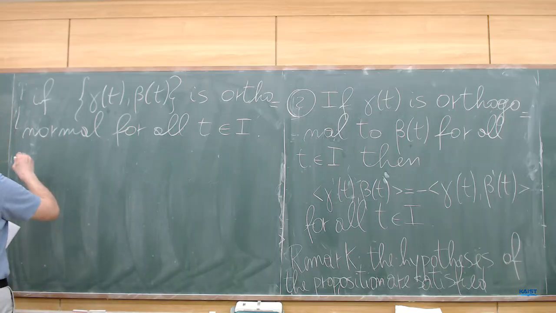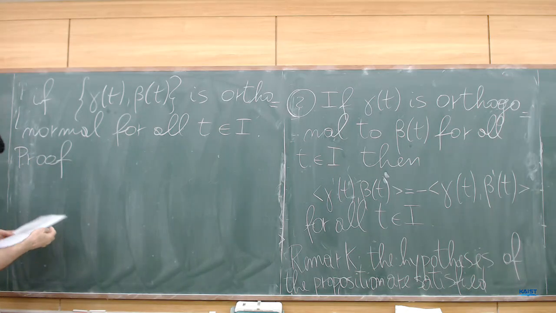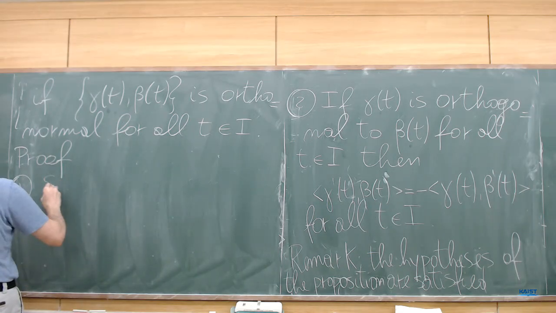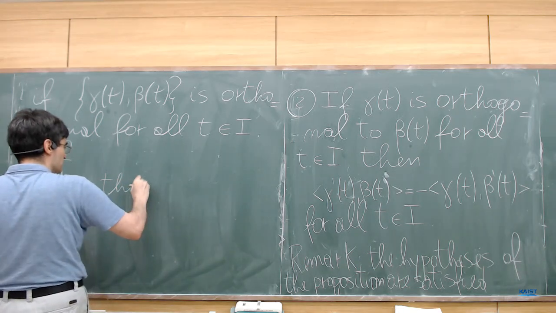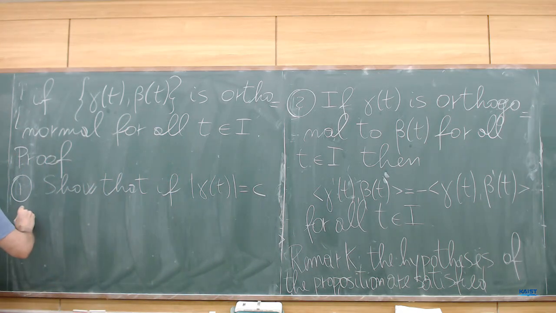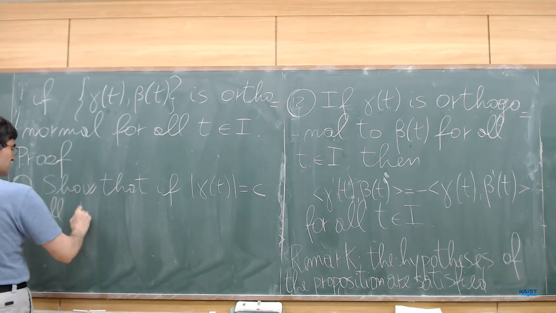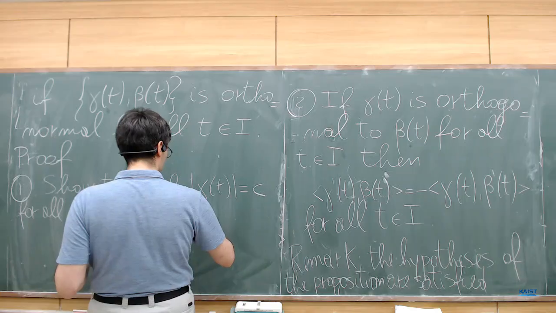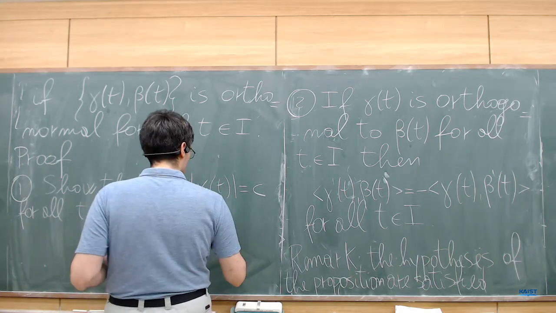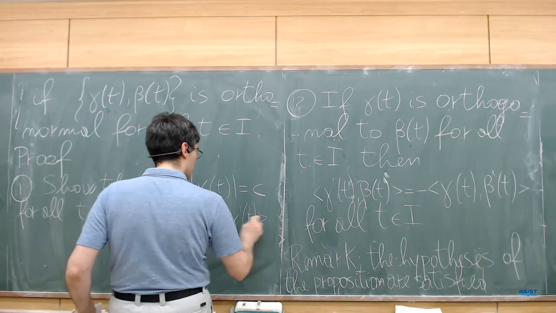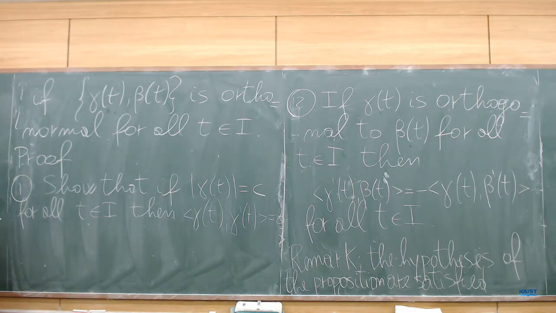Okay, let's see how to prove this proposition. So, to prove one, we have to show that if the length of gamma is equal to c for all t in I, then gamma t and gamma prime t are orthogonal, which means that the inner product of gamma t and gamma prime t is zero. Okay, how to prove this?